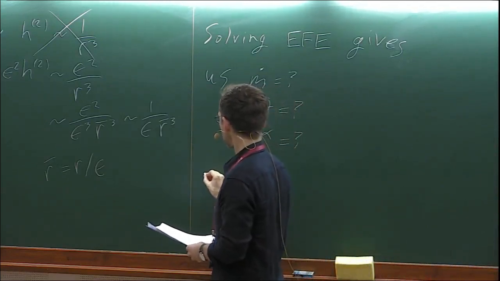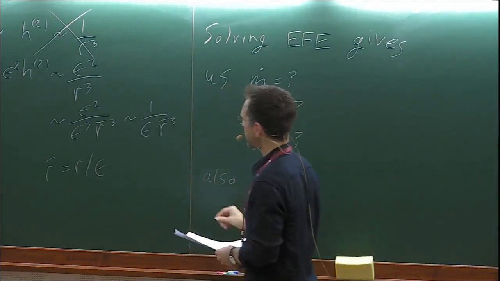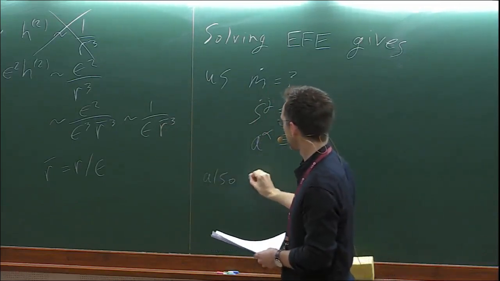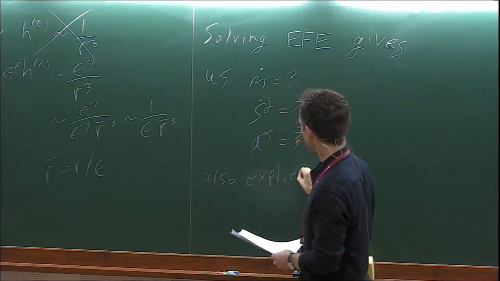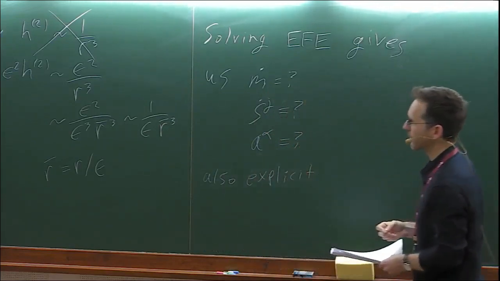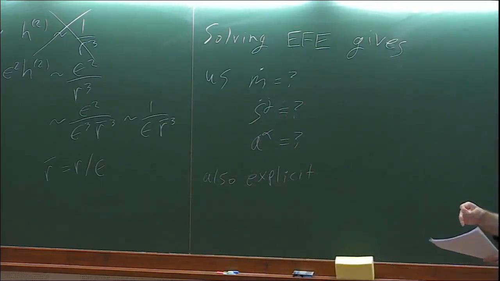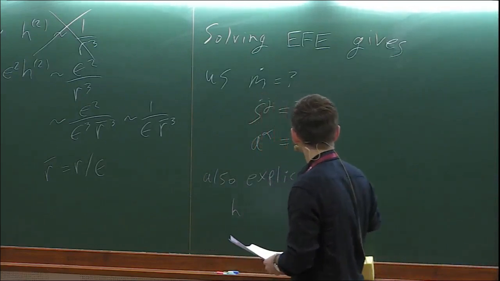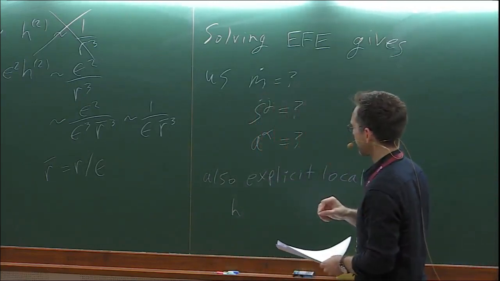It's also going to give us more explicit versions of H1 and H2. And those are going to be crucial ingredients in the actual practical methods we use to calculate H1 and H2 globally, not just near the small object.